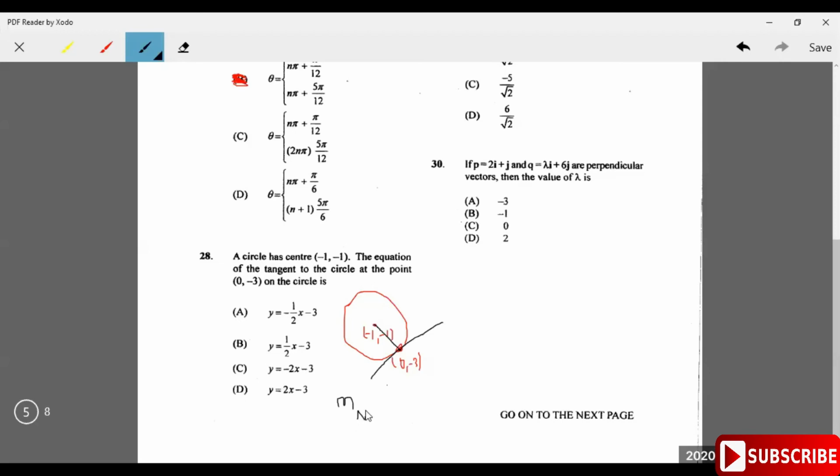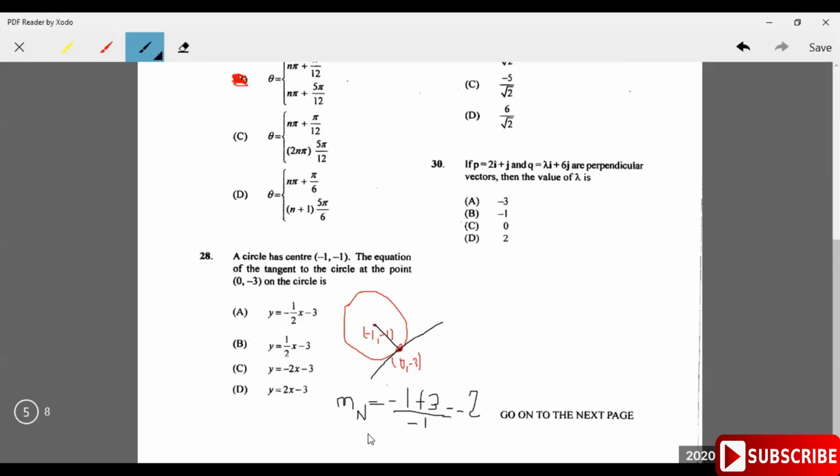So the gradient of the normal is going to be equal to y2 minus y1, which is -1 minus -3, so -1 plus 3, over x2 minus x1, which is over -1. And so we get 3 minus 1 is 2, divided by -1 is -2.